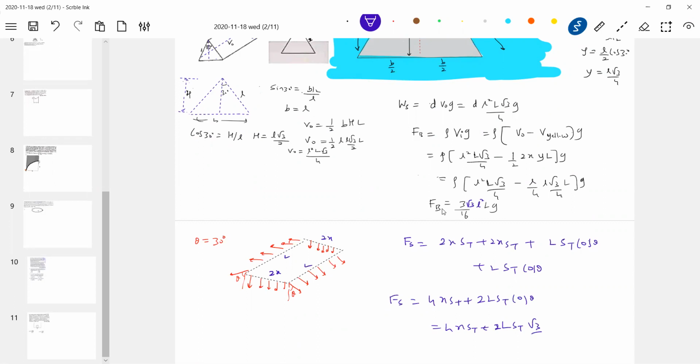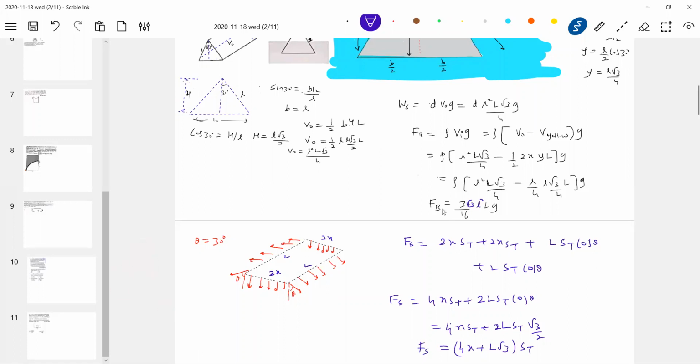Cos 30 is root 3 by 2. So 4x plus L root 3, times S_T. This is the force due to surface tension.